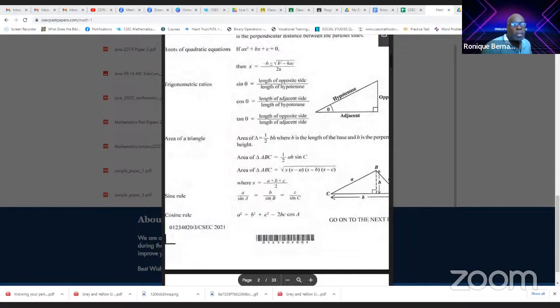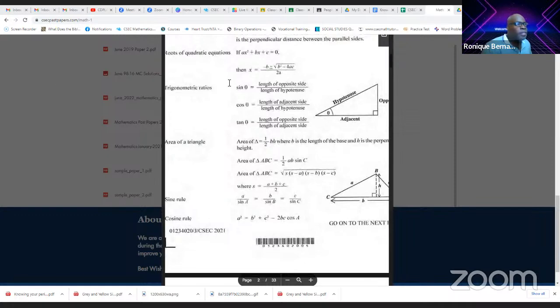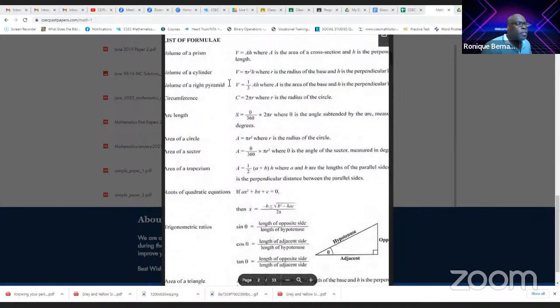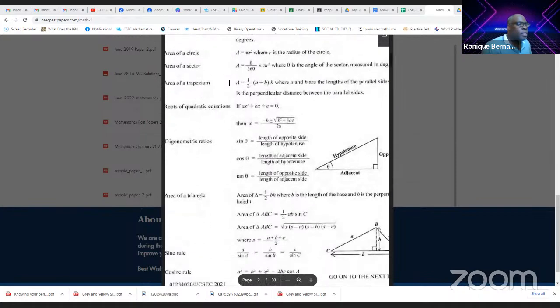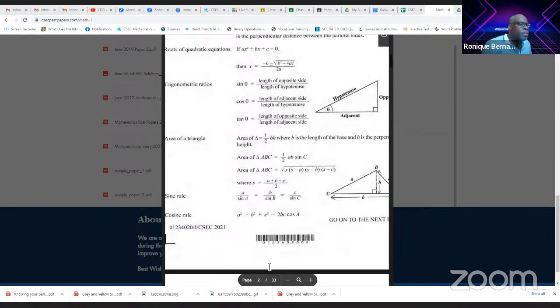And there's also a Pythagoras theorem that you should be using as well. Let me show you the Pythagoras theorem.